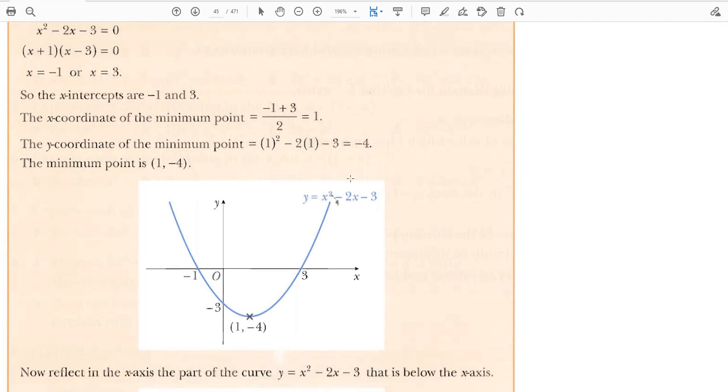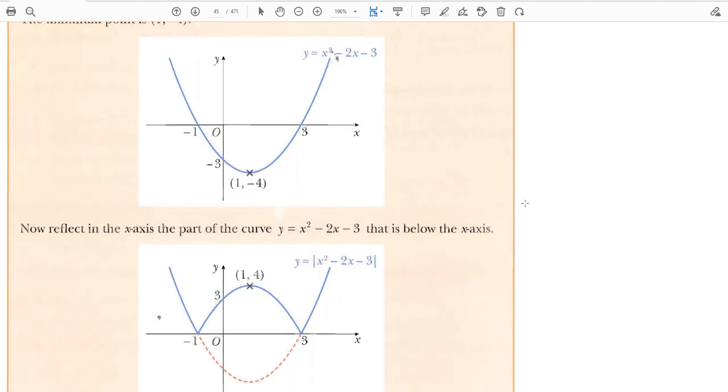So we have x-intercepts minus 1 and 3, we have y-intercept minus 3, and we have the minimum point (1, minus 4). Now reflect in the x-axis the part of the curve y equals x squared minus 2x minus 3 that is below the x-axis. So just flip the point. This is (1, minus 4).